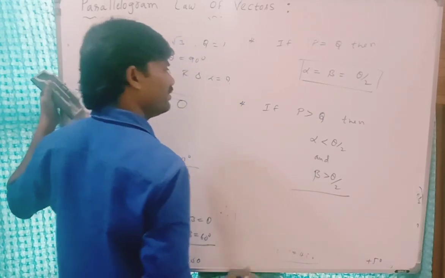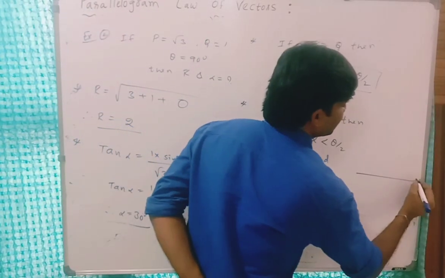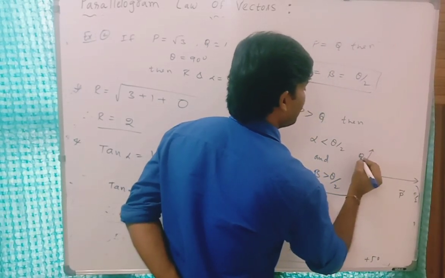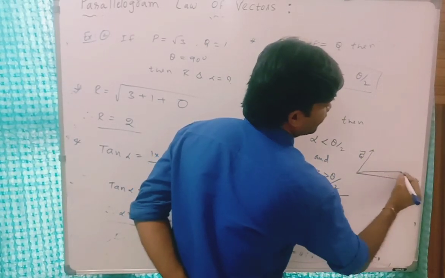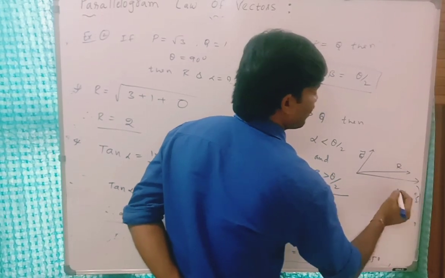It means what? It lies closer to the larger vector. If this is the P vector and this is the Q vector, now the resultant lies closer to the larger vector.